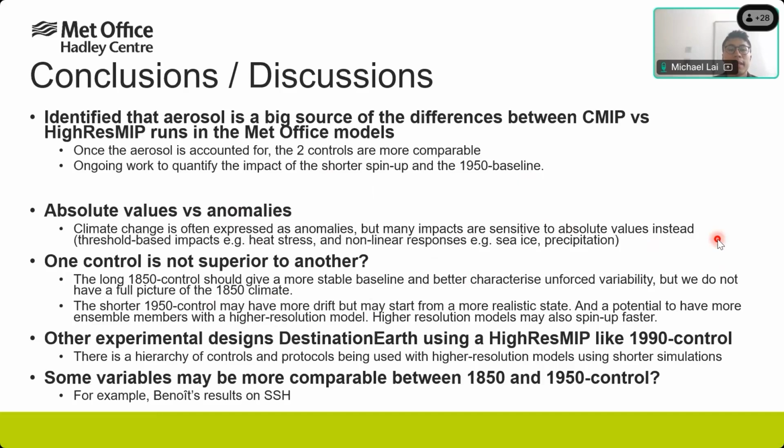How should we better link the standard CMIP models with the newer generations of high-resolution models? And some variables actually might be more comparable between the two controls. Surface air temperature is probably the most sensitive to the experimental design differences. So there are still a lot of outstanding questions, but it would be good to get people's opinion on it.